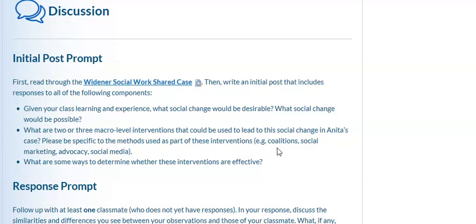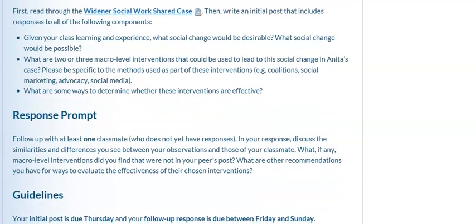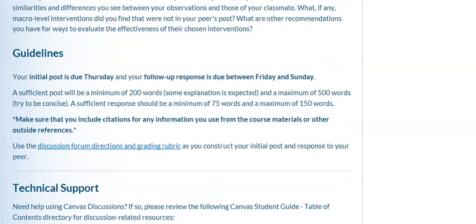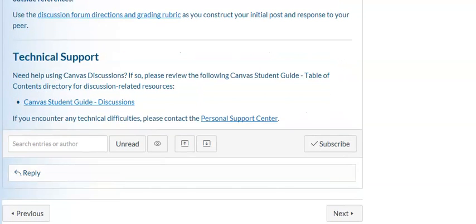And then be specific. So is it coalition building? Is it social marketing, advocacy, social media as some examples? And what are some ways to determine whether these interventions are effective? Your initial post is due by Thursday, follow up between Friday and Sunday.